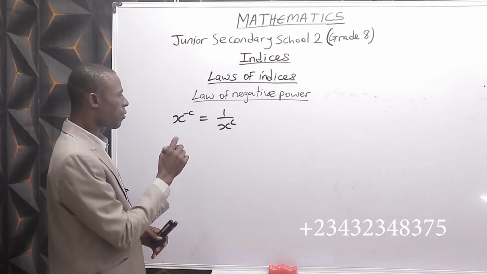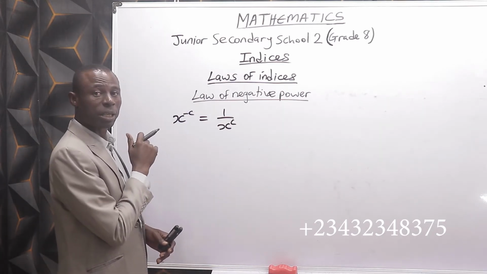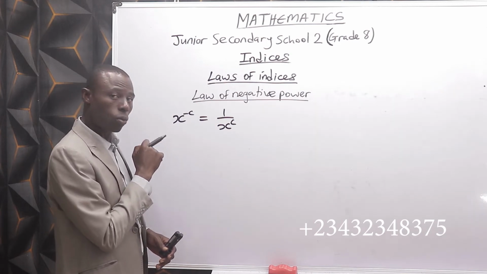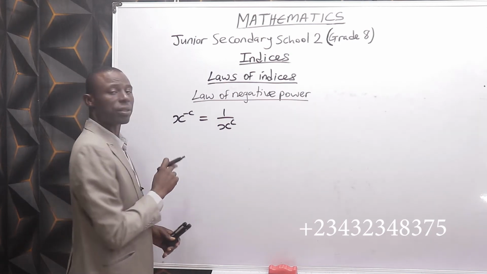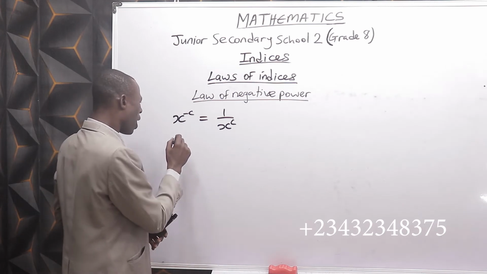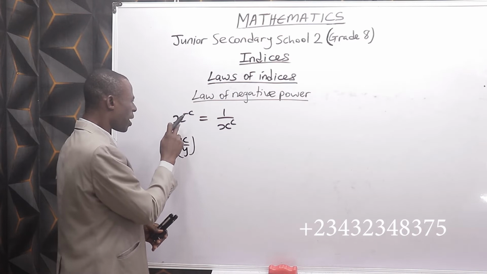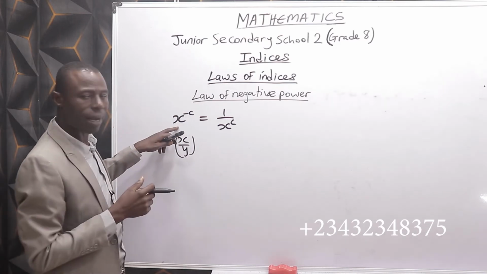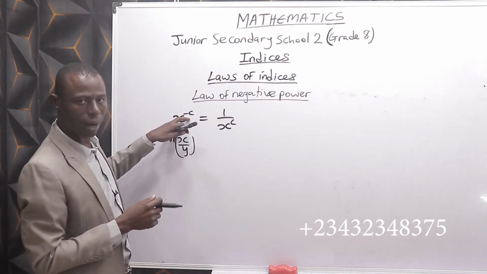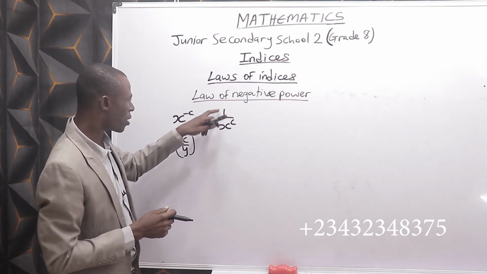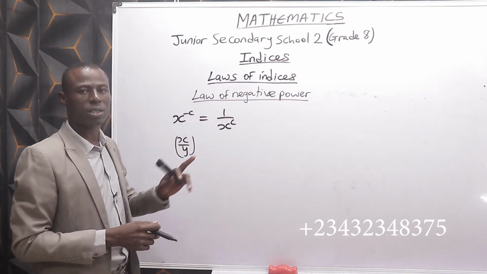I gave you the hint at the beginning of this topic when we started. So, when you have something like x with negative power, it will be expressed as 1 over x raised to the power c.